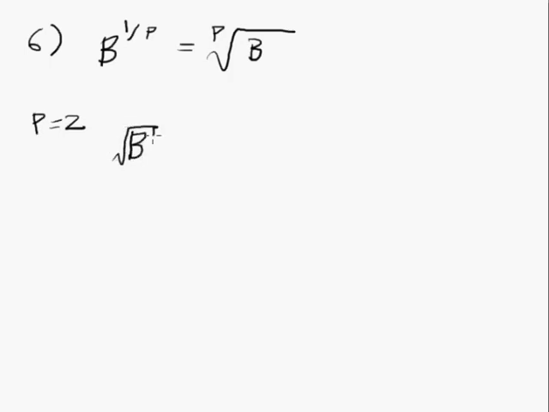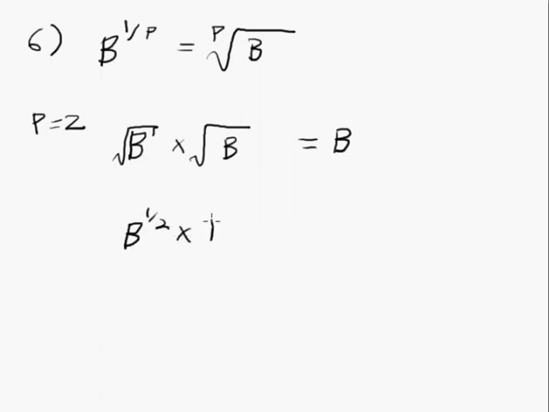The last one, there's a couple of ways of doing it. We've got b to the power of 1 over p equals the pth root of b. Let's do it just for the case of p equals 2. We know that the square root of b times the square root of b is just b.